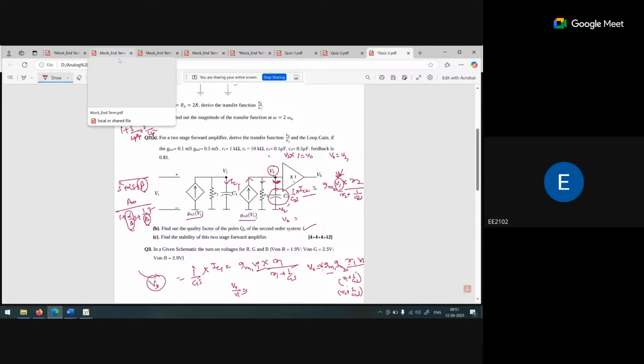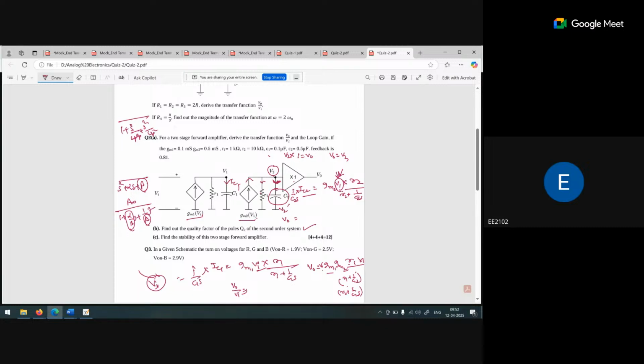This is a quadratic equation, so you can calculate the poles easily. Now apply the concept of signals and systems, because the prerequisite of this course is signals and systems. How do we calculate the stability in the S domain? Poles must lie in the left half plane, right? Yes, poles must be lying in the left half of the S plane.